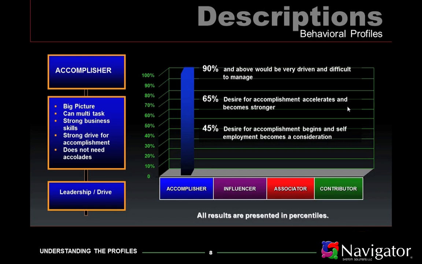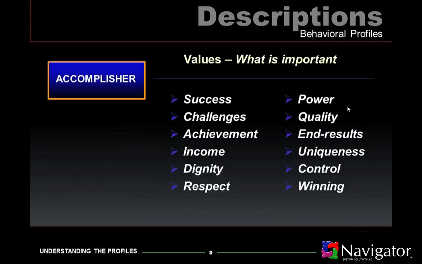Now, what that says is, from an entrepreneurial standpoint, they're highly entrepreneurial, but from a business standpoint, they're not going to fit into a franchise, because they're going to want to look at how they can change it, how they can enhance it, and their input in a lot of cases is important, but they're not going to follow formats. They're going to want to change the formats.